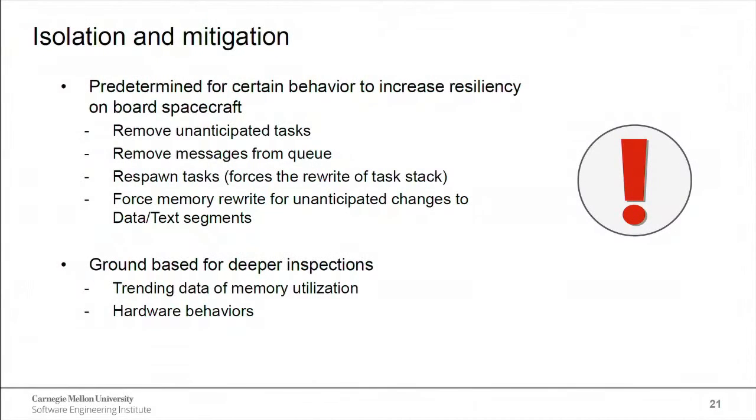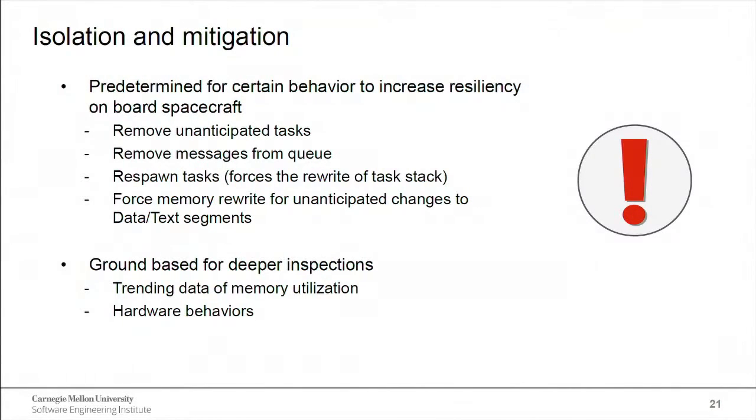And then what happens when I do find something? What happens when these analytics actually do identify anomalous behavior? Well, it's fathomable that if you're in a cyber contested environment, a lot of that information might not make it to ground. So there's certain things that can be pre-programmed to deal with anomalous behavior on orbit or in flight.